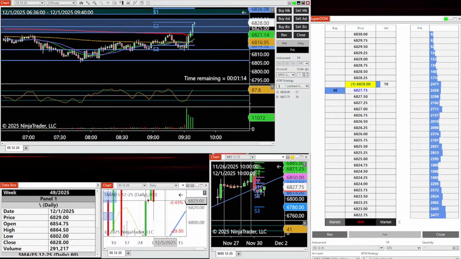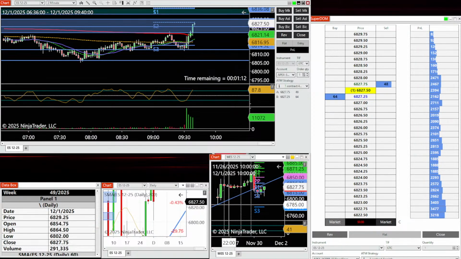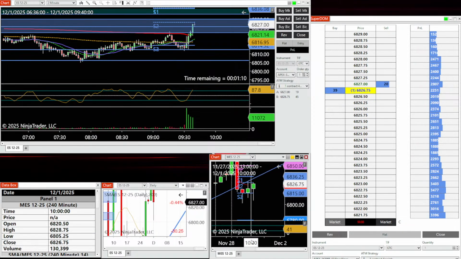Let's see how we react around this 30 area. We came up once, and it's the top of this trend line.